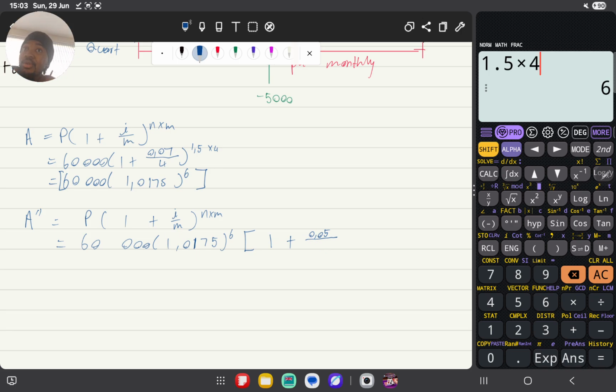The question said we are compounding this thing how? Monthly, right? The interest rate is being compounded monthly, so then we're gonna have divided by 12. We're gonna have 12 multiplied by what? Think about it. 12 multiplied by the remaining duration, which is what? 3.5 years. You see it, ne? Cool stuff.